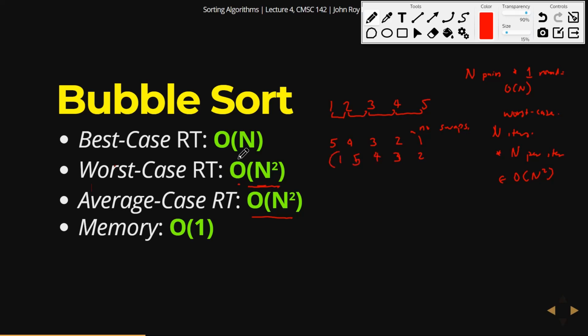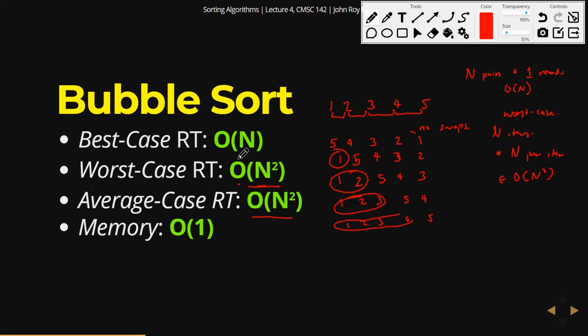So there's 1 here, and then after round 2, 2 will bubble up here, and then 5, 4, 3. After the next round, that would be 1, 2, 3, 5, 4. That's the third round. And then the next round is 1, 2, 3, 4, 5.